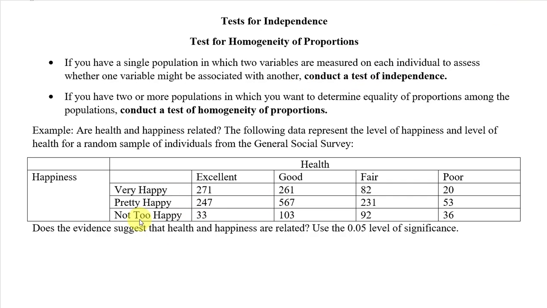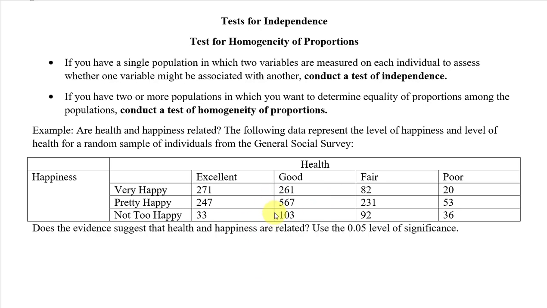The chi-square test for independence is used to determine whether there is an association between a row variable, which is happiness here, and the column variable, which is health, in a contingency table constructed from the sample data, which is this one right here.